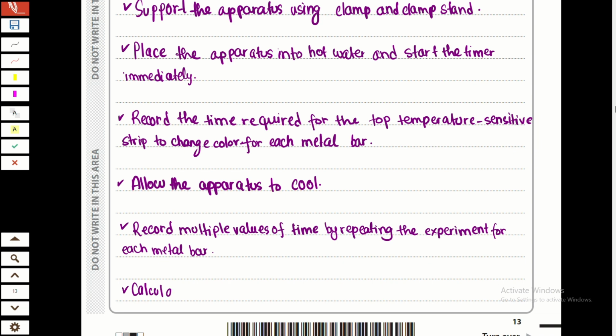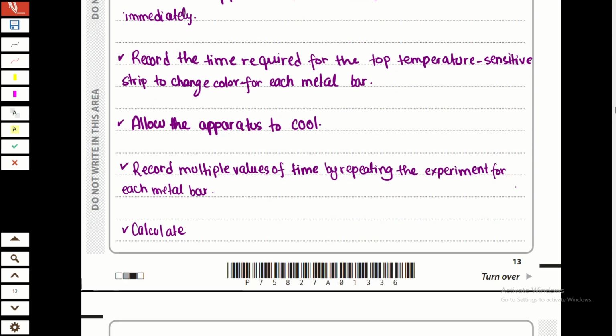Then finally, you can write calculate a mean value for each time recorded. Calculate a mean value for time for each metal bar.